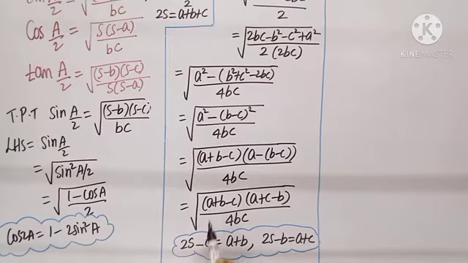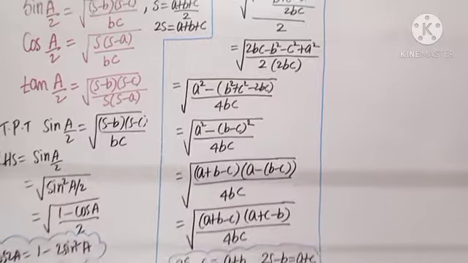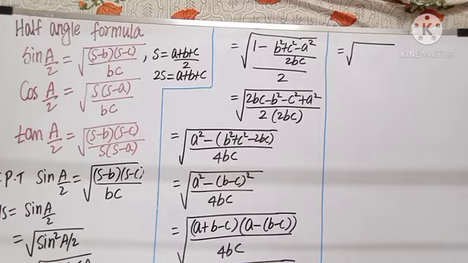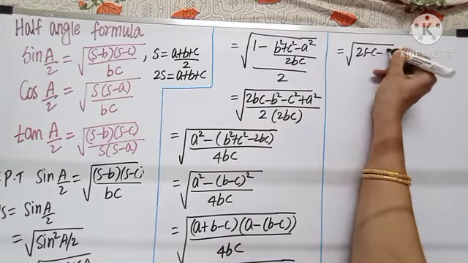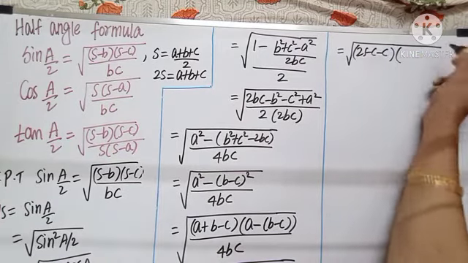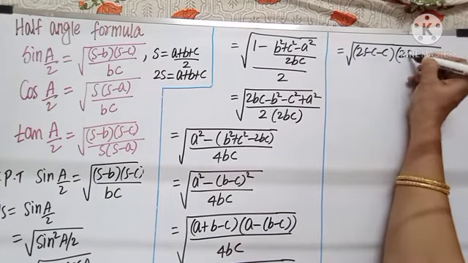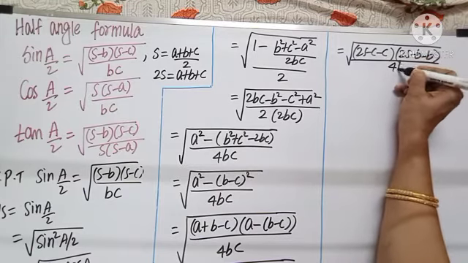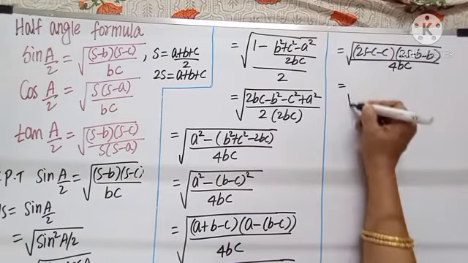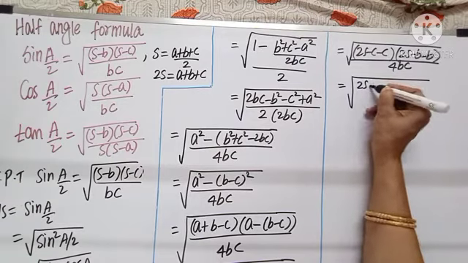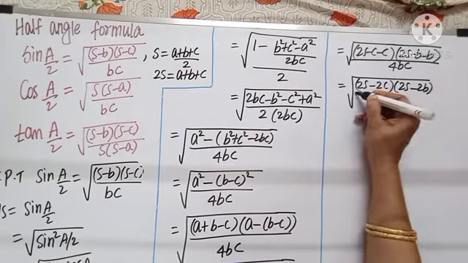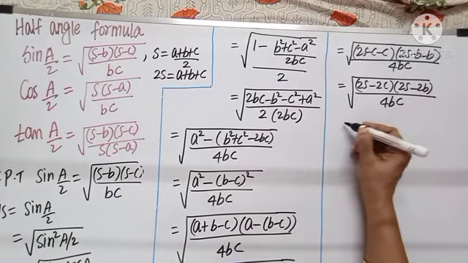Substituting here, A plus B will become 2S minus C. So as we substitute, it is root of 2S minus C into the second term is A plus C, that is 2S minus B divided by 4BC. The next step, we can rewrite this as 2S minus 2C into 2S minus 2B divided by 4BC.